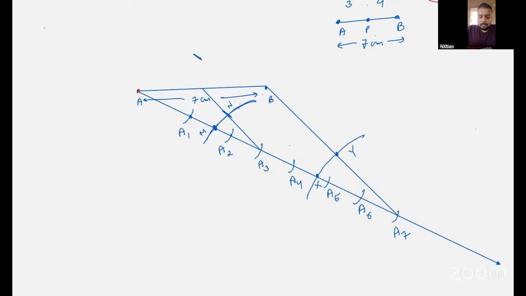Abraham, did you understand? No. The arc N which you made, you have to join from A3 to N with a line segment. Then the ratio that you got.